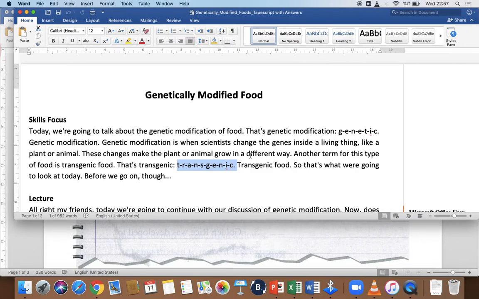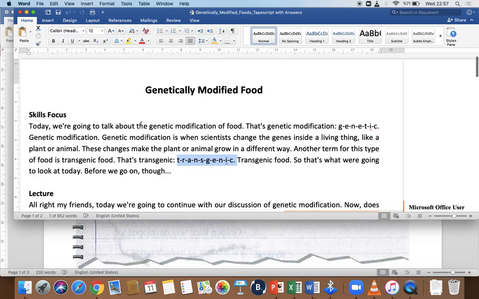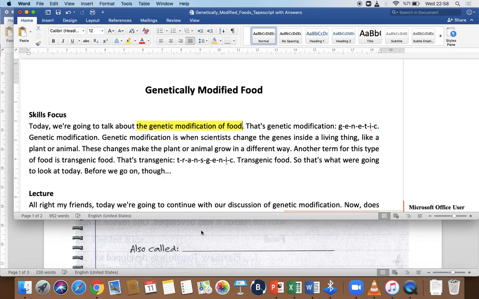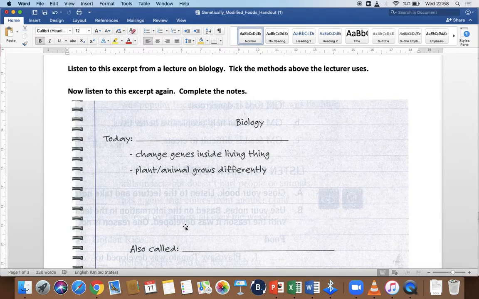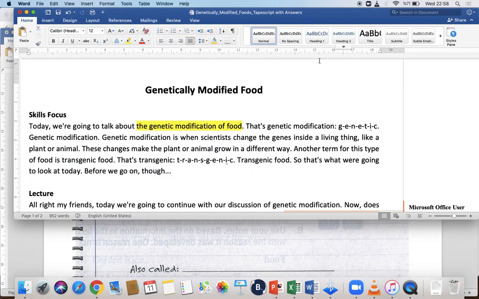Today, they will talk about the genetic modification of food. Okay, that's genetic modification. And here another gap is this, also called what? Let's look at the transcript again. Also called.